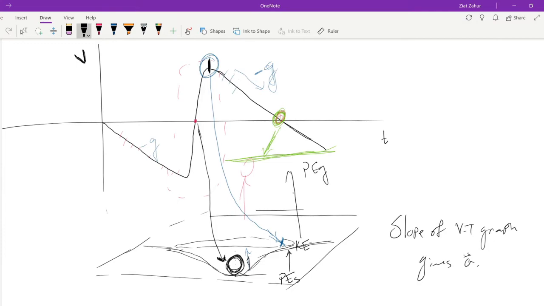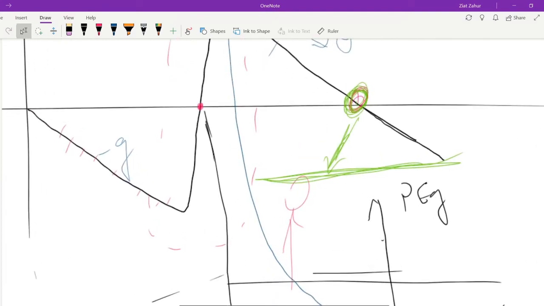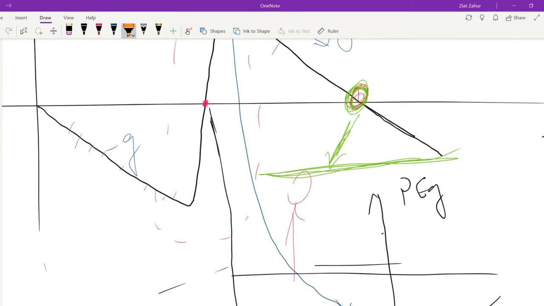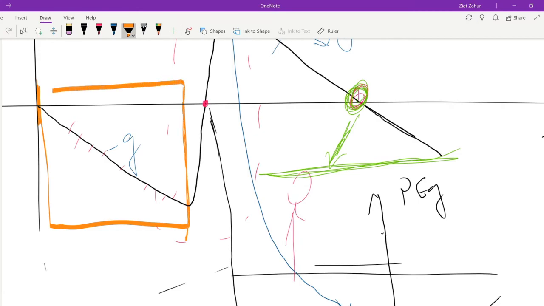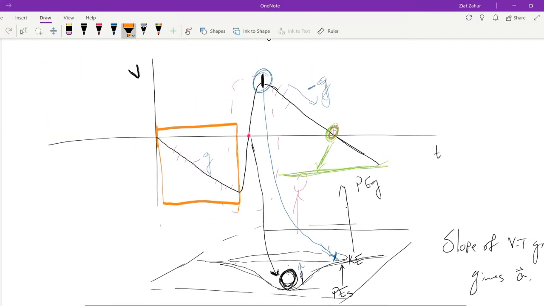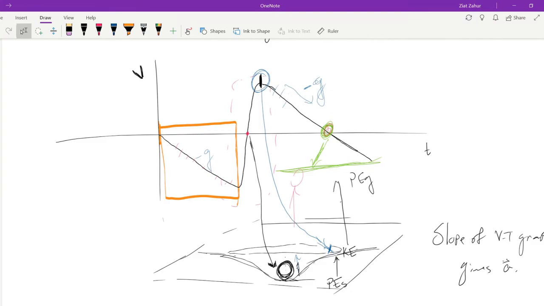So you would have to indicate that only for certain parts. If I use orange here, starting from here to here, we can say that the slope in this region should give you the acceleration due to gravity, because the net force on the ball is due to the gravitational force only. Okay, so be very specific when you justify or explain your reasoning.